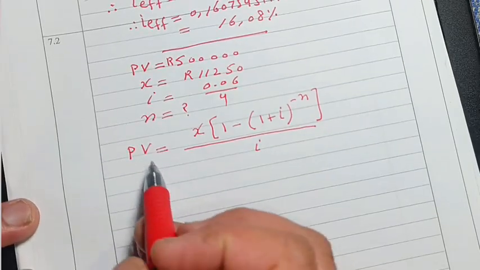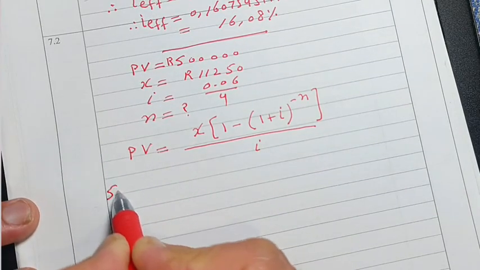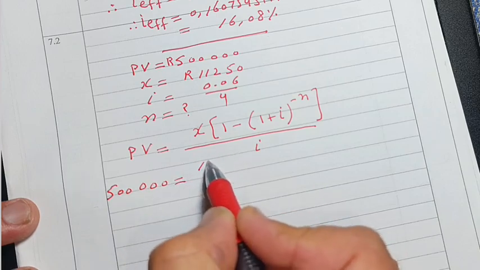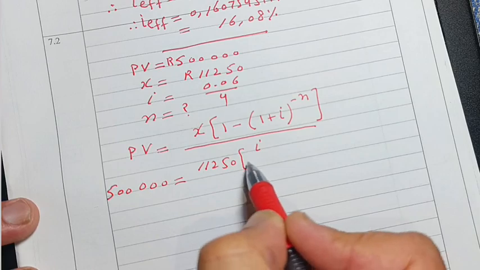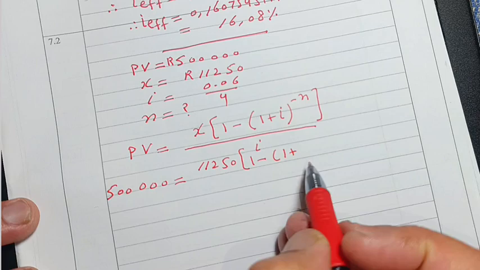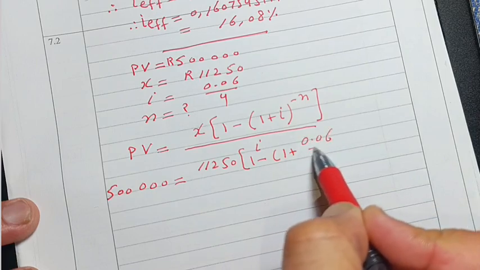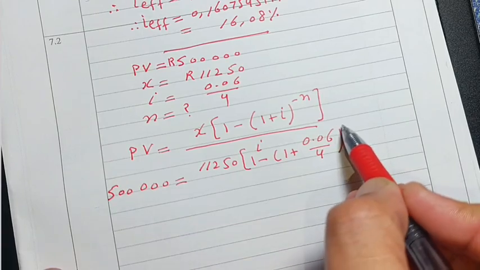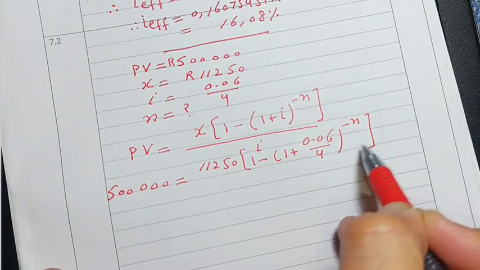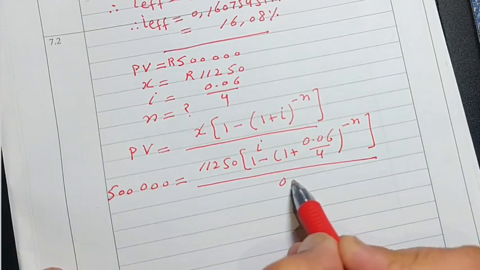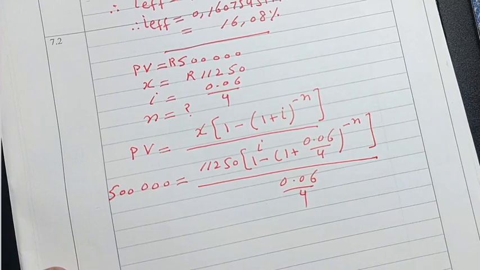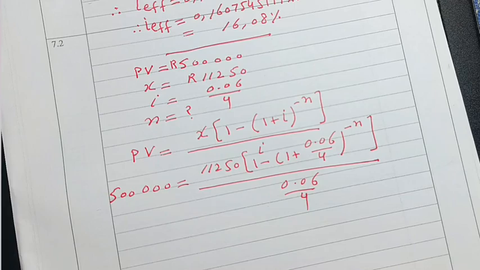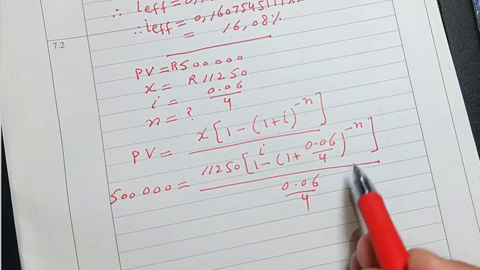So everything we have, we're going to substitute into the formula. 500,000, that's the present value, is equal to x, which is 11,250, times (1 minus (1 plus 0,06 over 4) to the power negative n), over 0,06 over 4, because it's over i. Now we need to solve for n.